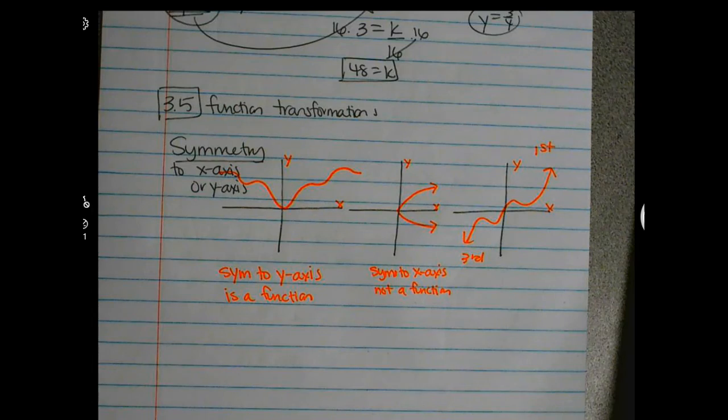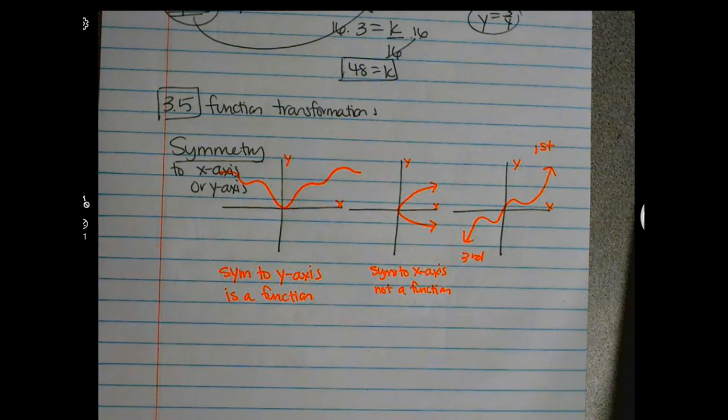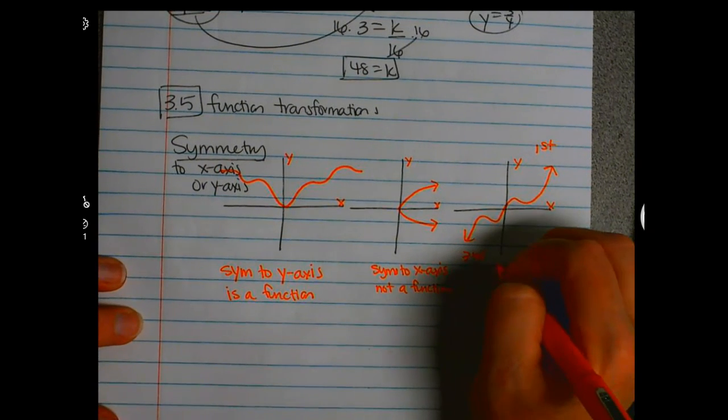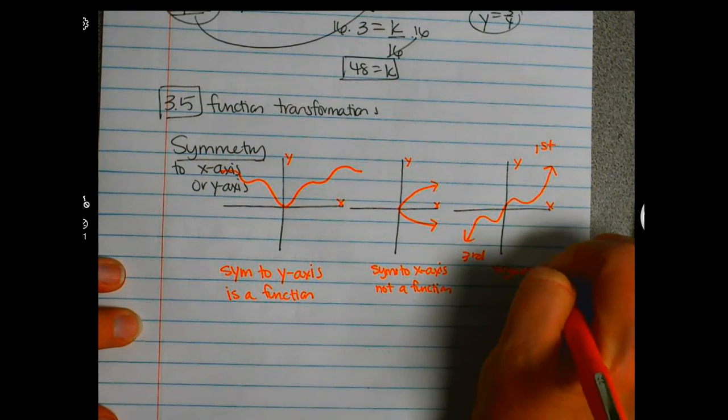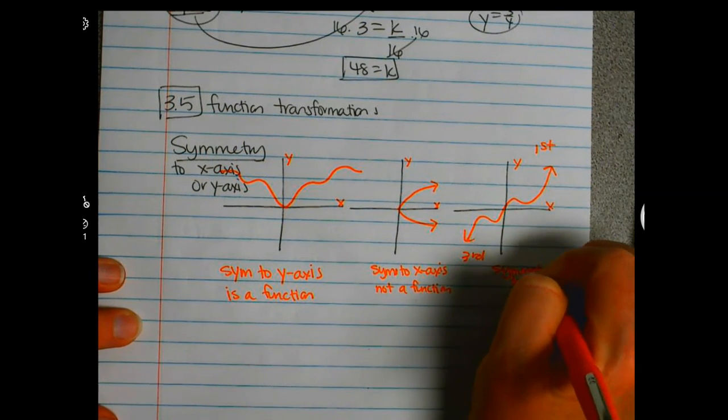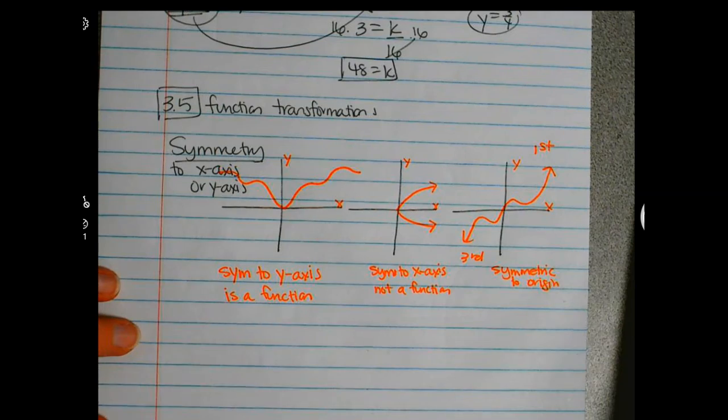Symmetric to the origin. I think of it like if I folded the piece of paper down and then again, it would match up, like I folded it twice. Some people think of it as rotating. Either way, this is called symmetric to the origin. So could we write that it's rotational symmetry to the origin? Yep, but it's to the origin and not to one of the axes.